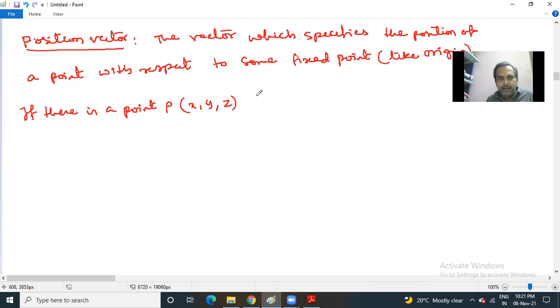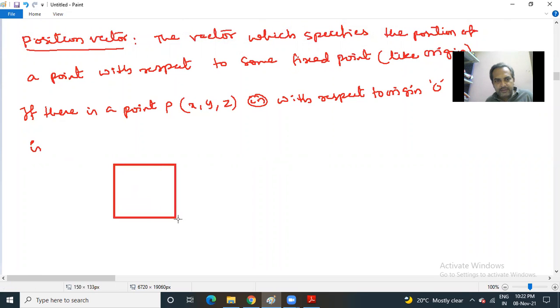There is a point with respect to origin O. So just try to understand with the help of a diagram like this.